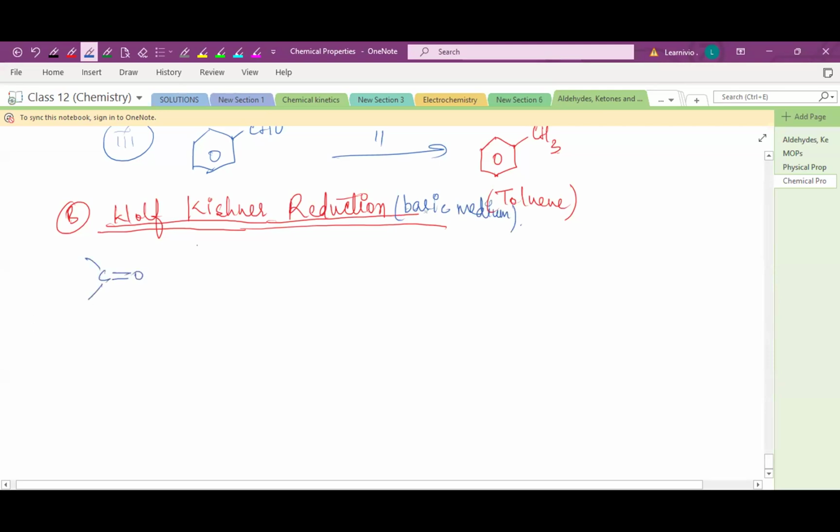This is your carbonyl group and here you use hydrazine. When the carbonyl group is treated with hydrazine, it gives you the corresponding imine, a hydrazone basically. After that, in the basic condition, you get the alkane.